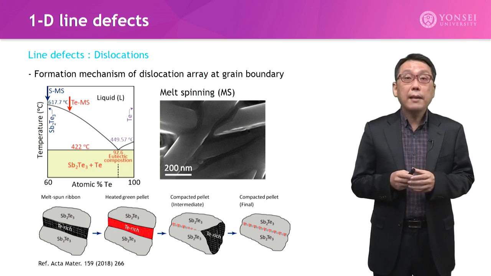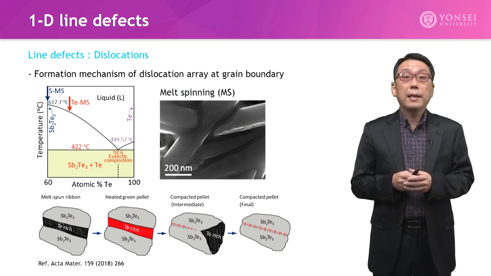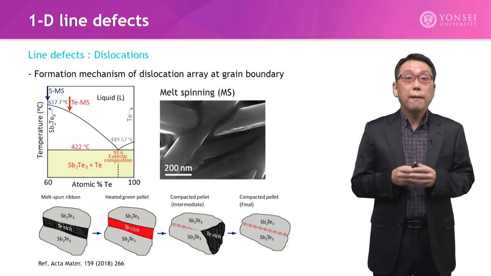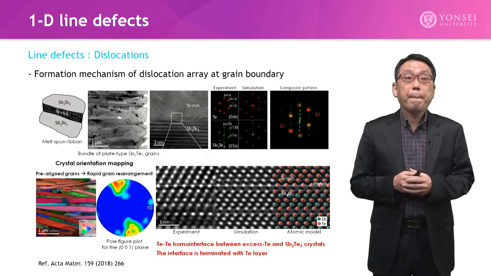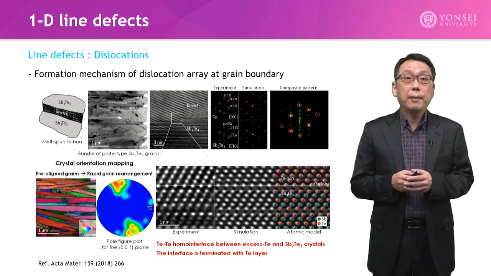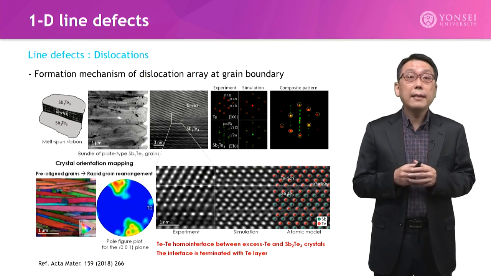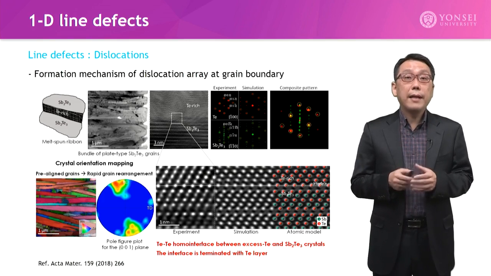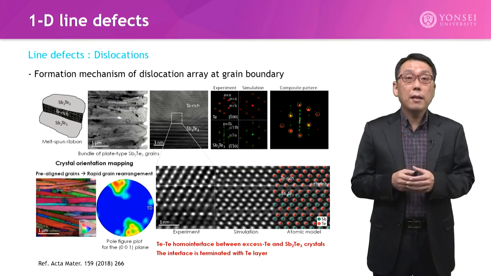The third is a compacted pellet at the intermediate state, and the final sample is a compacted pellet at the final stage. In the first stage sample, the as-prepared melt-spun ribbon, you can find a free-aligned grain structure from the crystal orientation mapping. And this triggers rapid grain rearrangement during the sintering process.